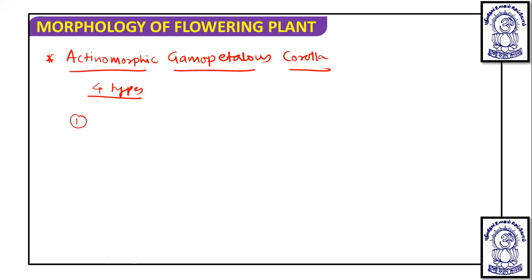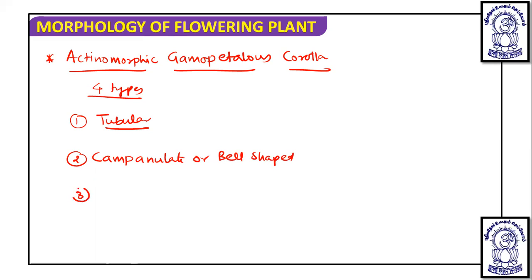We will discuss first one, that is tubular. Then we will study campanulate or bell shape. They are fused and forming a bell shaped thing, then it is known as campanulate.